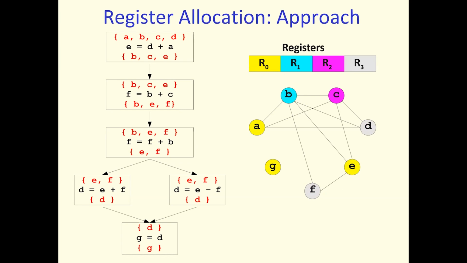F conflicts with the blue and yellow, so it can get either pink or gray. So I have a choice for F. Intuitively we can do this. Any questions about anything until this point? This is a very important concept to grasp: because I have at least as many registers as there are conflicts, my register allocation is very, very easy, trivial.